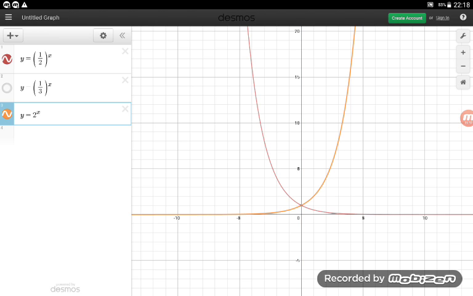In other words, they are the horizontal reflection of each other. So the transformation stuff that we learned previously in chapter 1, we must know them.